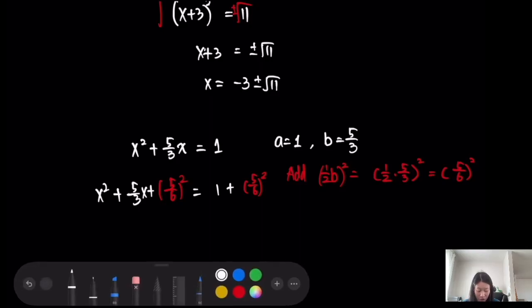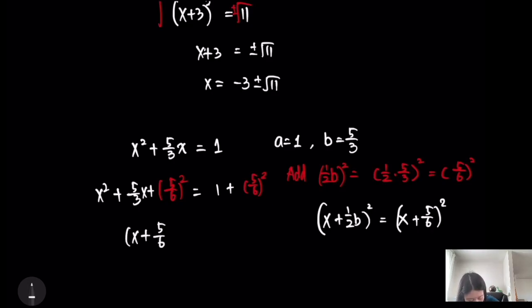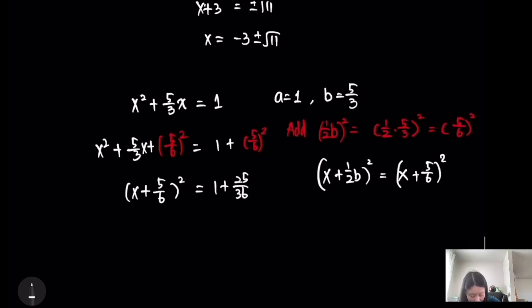On the left side of the equation, we will end up with x plus 1/2 b, and then squared. In that case, we have x plus 5/6 squared. All right, so x plus 5/6 squared equals 1 plus 25 over 36. Now simplify. I have x plus 5/6 squared equals 36 over 36 plus 25 over 36, because we can write 1 as 36 over 36, since I want to find the common denominator.